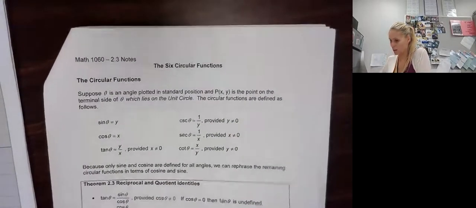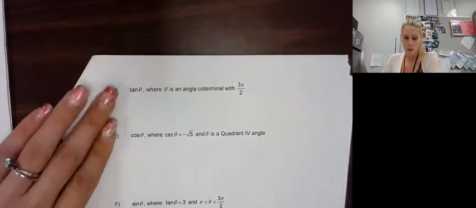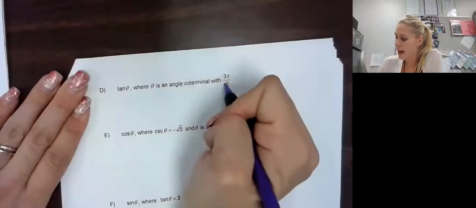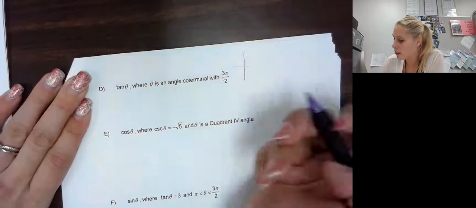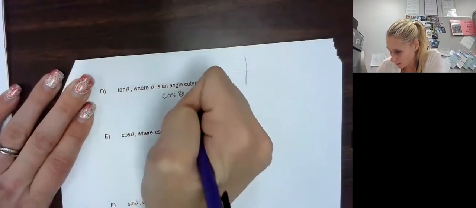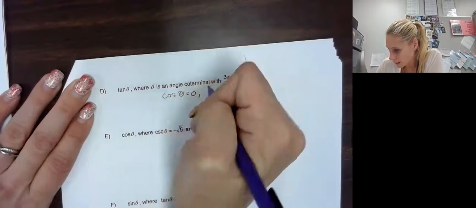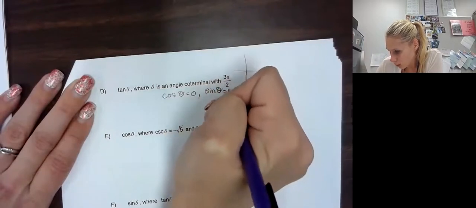All right, let me go to the next page. All right, so here we're going to find tangent of theta, where theta is an angle coterminal with 3 pi over 2. So let's think about this. At 3 pi over 2, which is down here, our cosine of theta is our x value, which is 0, and our sine is our y value, which is negative 1.